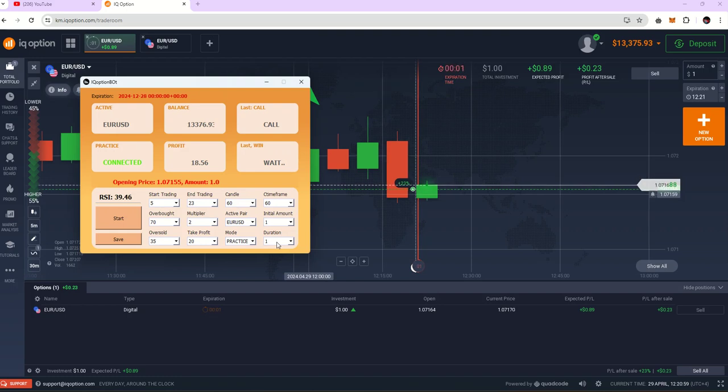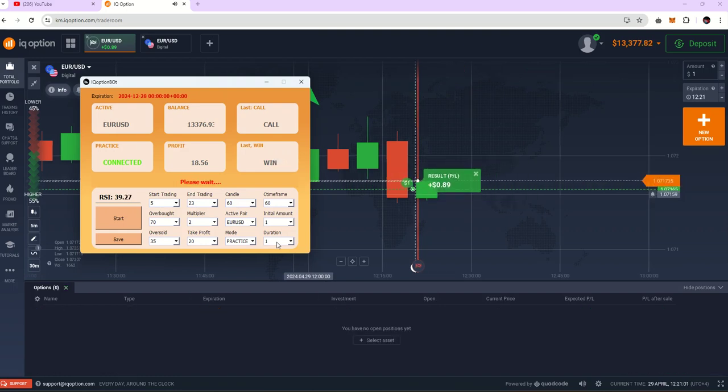This one is 1 minute. Okay, profit. It's a win. It's a win again. And it did not open a trade again because it is above our oversold level. And if it reaches overbought at 70, it will open a sell trade.